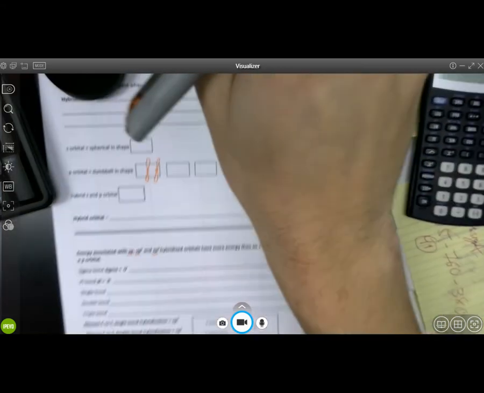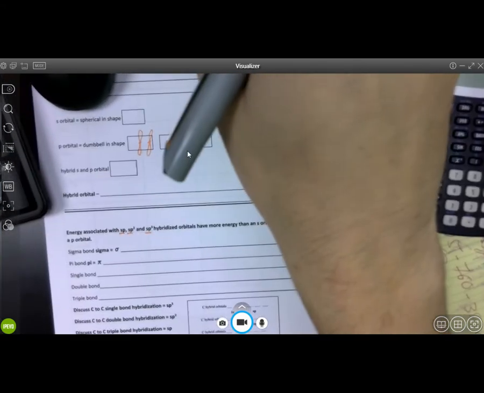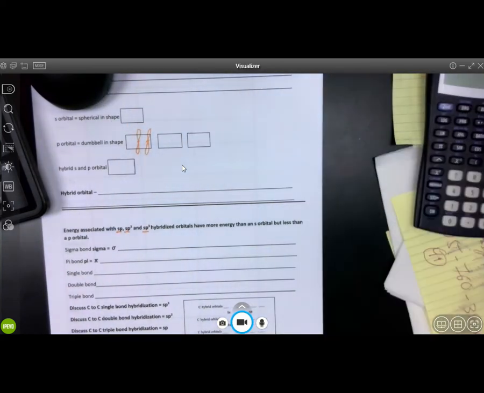A couple of other terms I want you to be familiar with, but we won't spend much time discussing, are the phrases sigma and pi bonds. Sigma bonds typically occur between s orbitals or hybridized orbitals. If we're thinking about just carbon and hydrogen here, carbon is the common example we use to discuss hybridized orbitals.